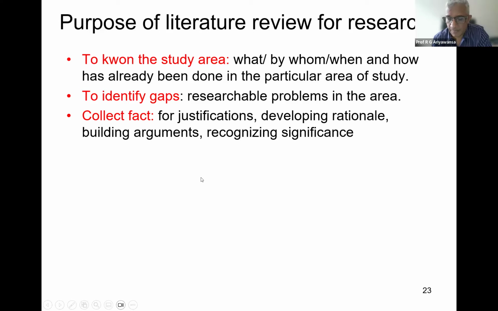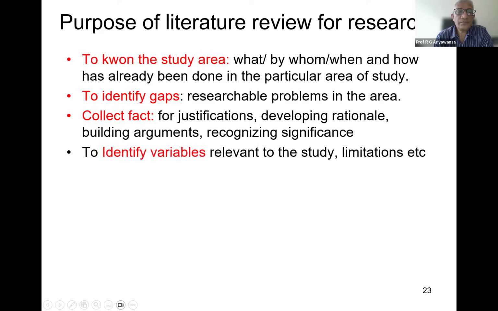And you should identify variables. Variables means the facts related with the incidents, right? And even the limitations.